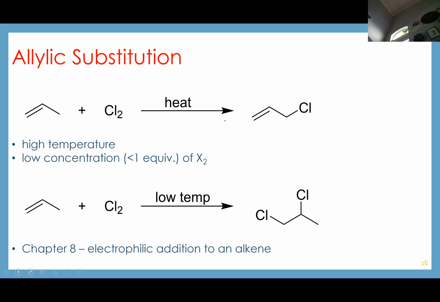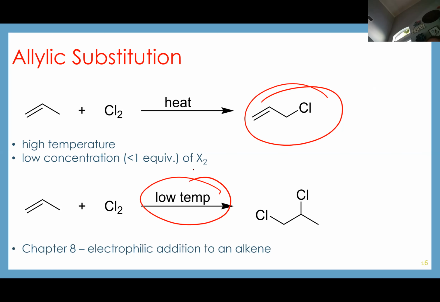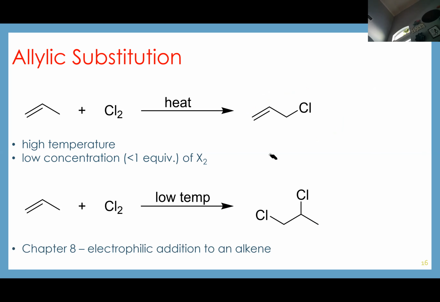The difference here is that if there is heat present, you will form a radical from your halogen, and you will end up with a radical halogenation product. If you do this at a low temp, so room temperature or lower, typically, you're going to end up with electrophilic addition like we saw in chapter 8. So note the reagents are identical.